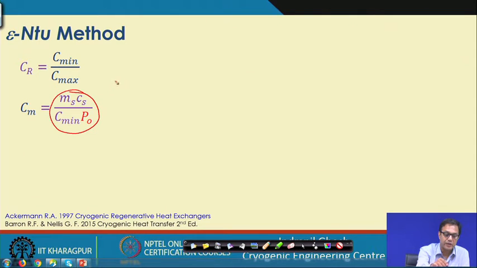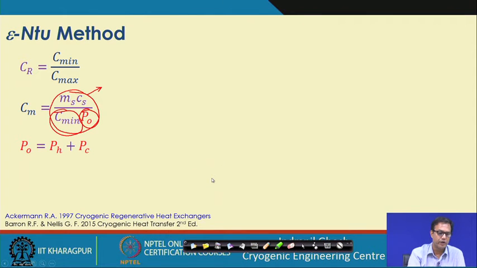You can understand that MsCs is a product of the mass of the regenerator matrix multiplied by the specific heat of the regenerator matrix, and you have C min, the minimum capacity fluid, multiplied by P0. P0 is the total time period, comprising both the hot and cold fluid time periods. So, this is PH plus PC, that is equal to P0.